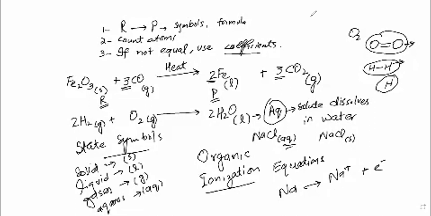Here is given some description. Now let's practice. An aqueous solution of silver nitrate, silver Ag, nitrate NO3, and aqueous solution means it is soluble in water. The aqueous solution of silver nitrate is reacted with an aqueous solution of calcium chloride, CaCl2, to form an insoluble precipitate of AgCl.